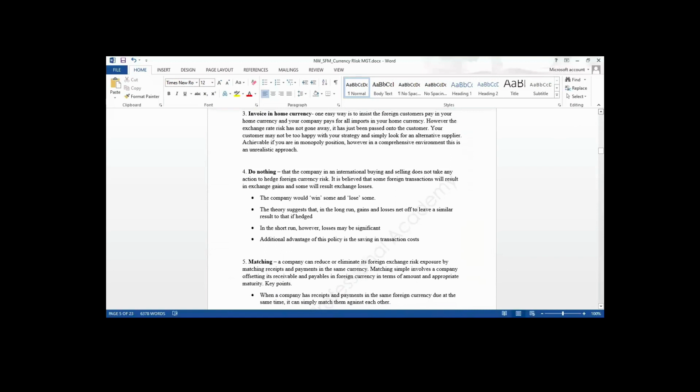A company can reduce exposure to foreign currency risk, or a company can eliminate its exposure to foreign currency risk by matching foreign receipts and foreign payments in the same currency.